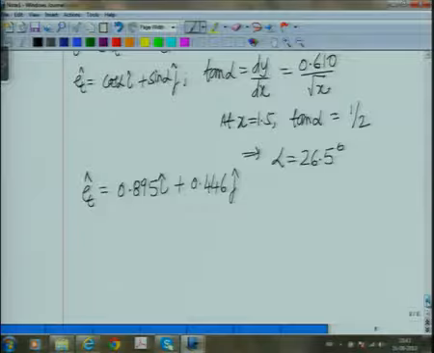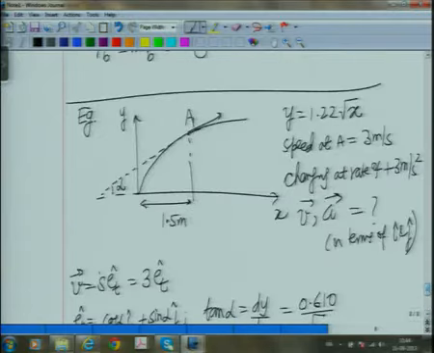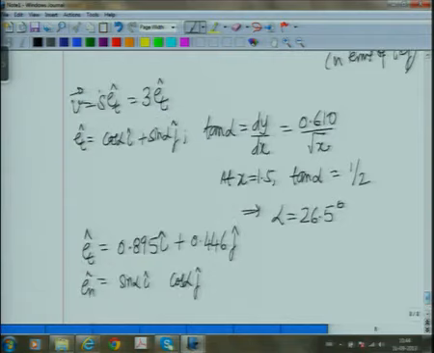Okay. Now En vector. Now Et is cos alpha I plus sin alpha j. So En vector will be sin alpha I cos alpha j, and if I look at this picture, I know En has to be something like this. If this is Et, then I will have plus sin alpha I minus cos alpha j.